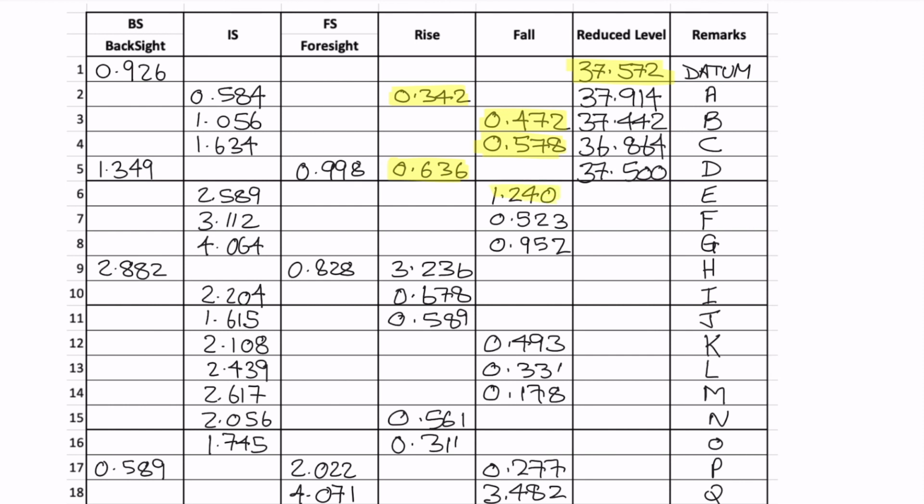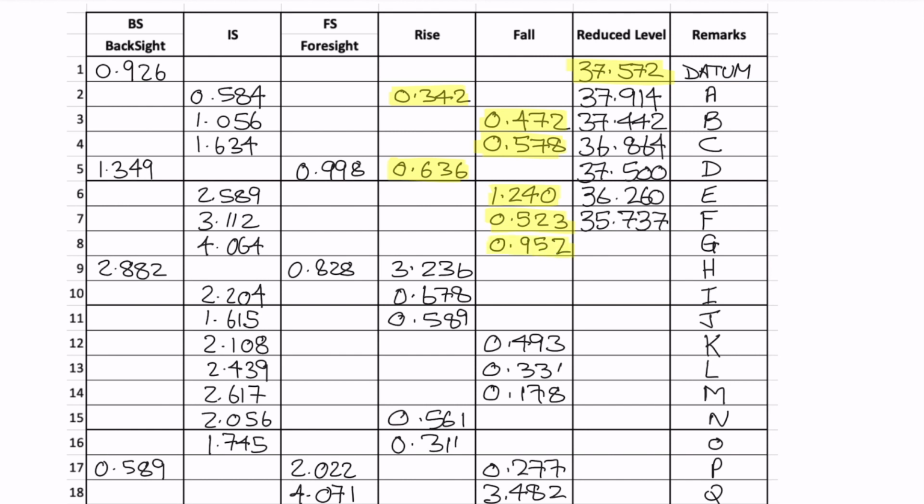Next, fall value. So we would subtract that from our current reduced level, 36.260. Next one is another fall, so we'd subtract that off, 35.737.